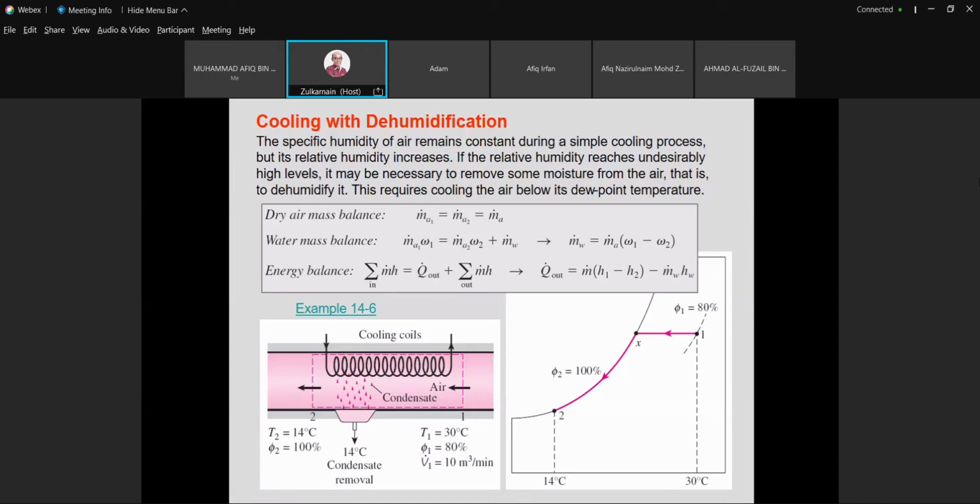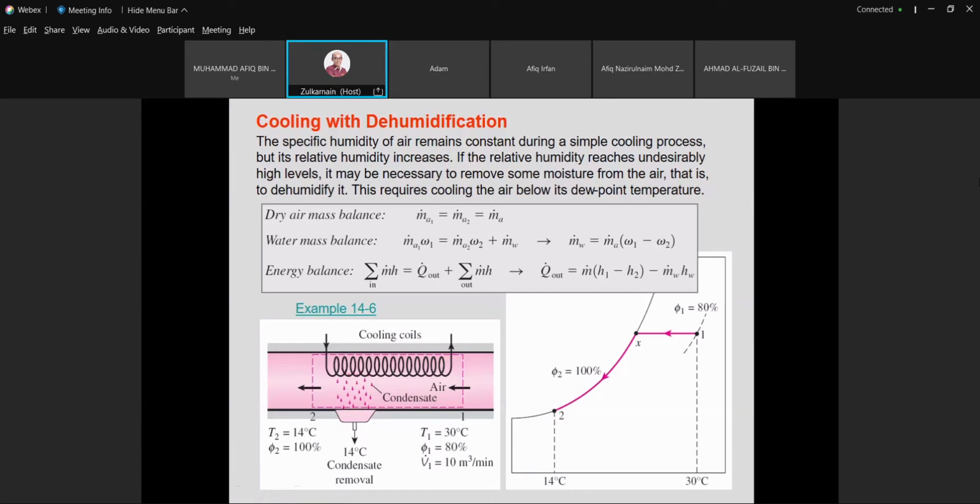If we look carefully, when the air enters the duct and is in contact with the cooling coil, what is going to happen? The air will be cooled down until the temperature reaches the saturated temperature, whereby the phi or relative humidity is 100%. This is the point where the air is saturated with moisture.